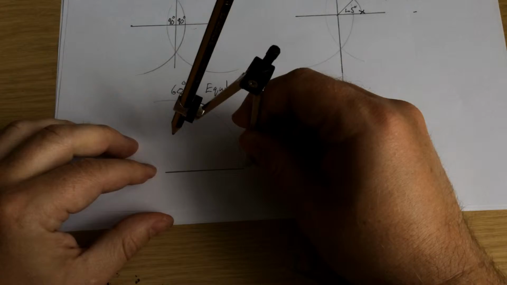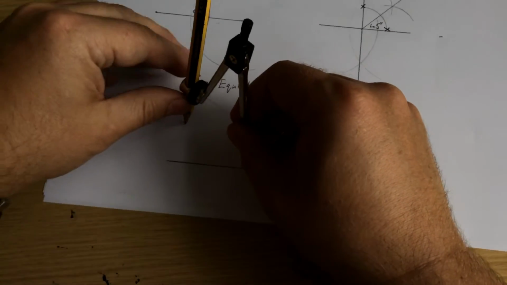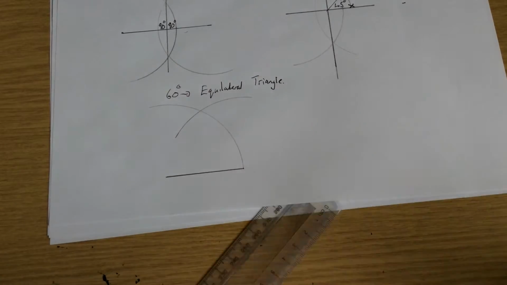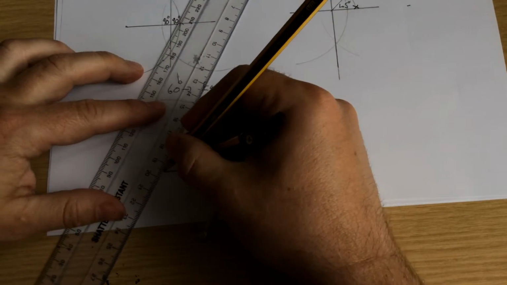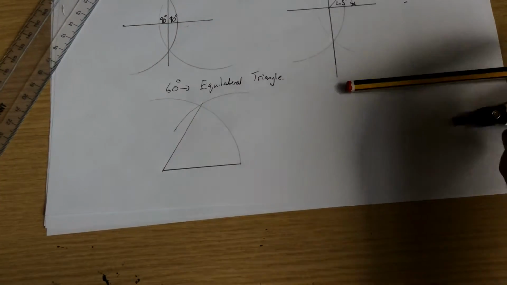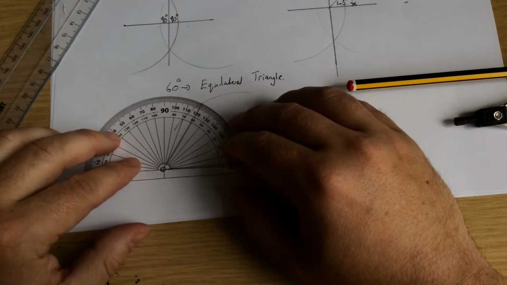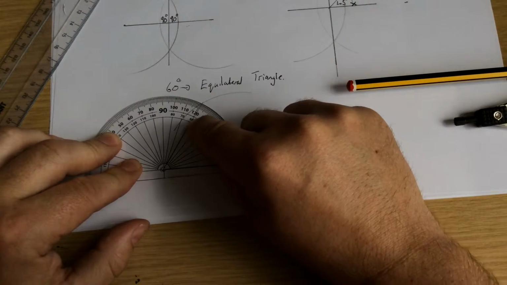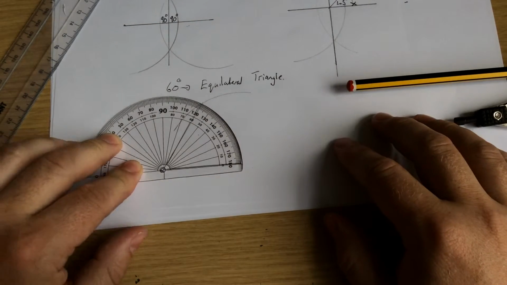I turn my compass around and do exactly the same. Where the two arcs meet, I join up from my first line. I put my protractor on this point now and measure it. Again, it starts on 0, it goes round to 60 degrees, so that's correct.